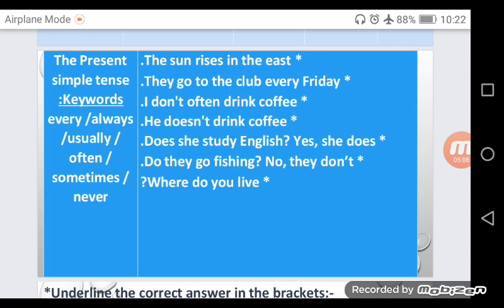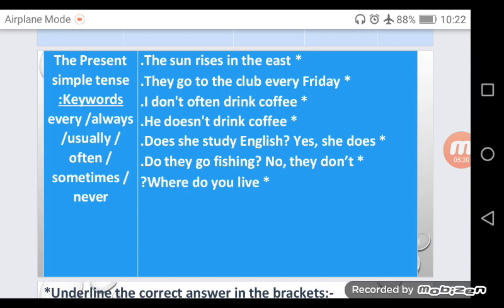For the present simple tense, we use the first form of the verb. Sometimes we add s or es or ies when the subject is he, she, it, or a singular subject.